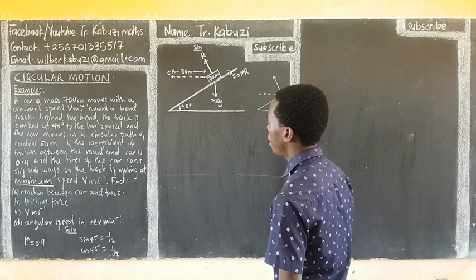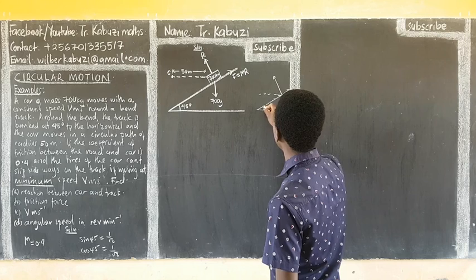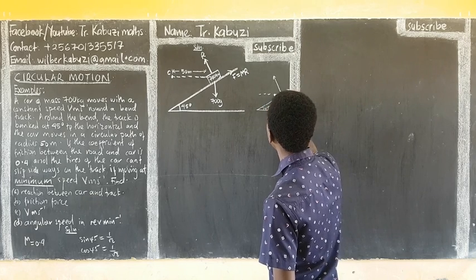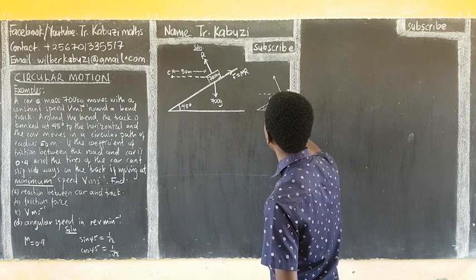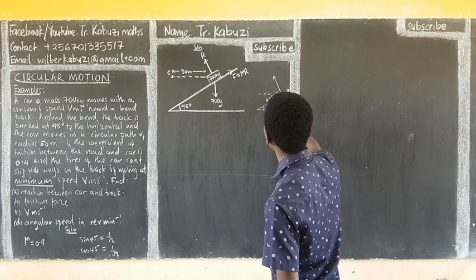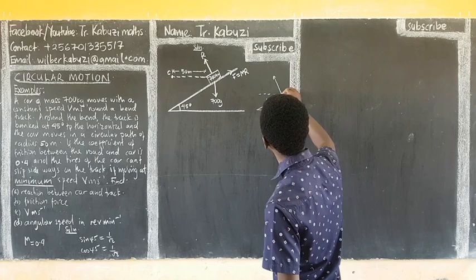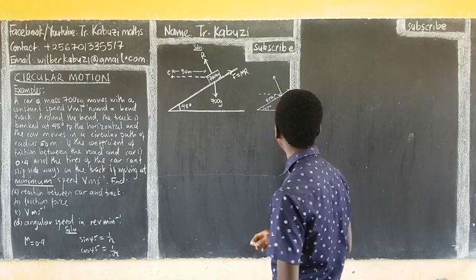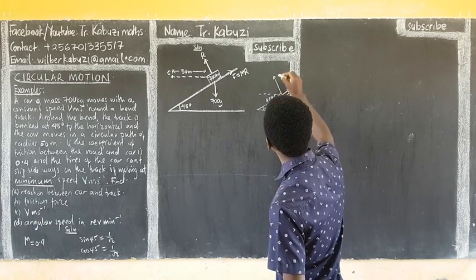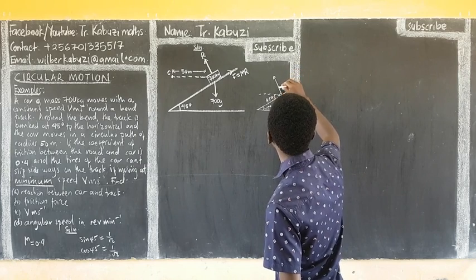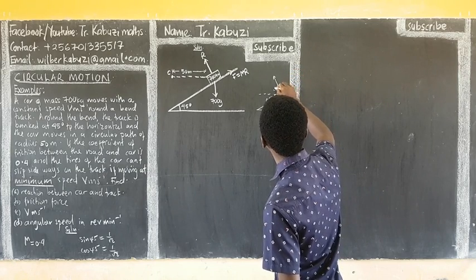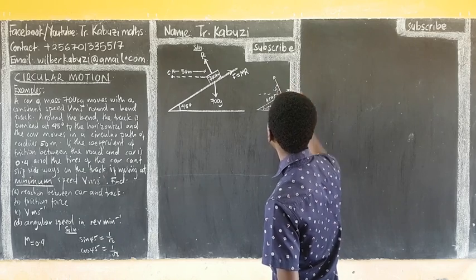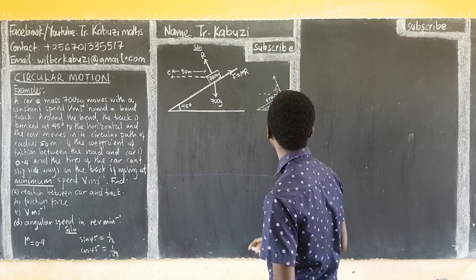Now, if this is 45 degrees, then this is also 45 degrees. The reaction is always perpendicular to the surface. So this is 45, which means this one here is also 45, since it is 90 minus 45.